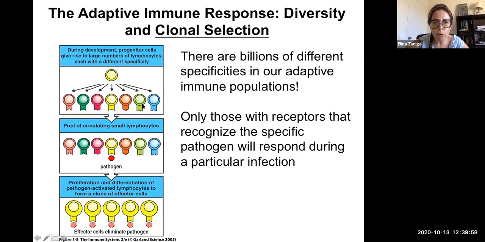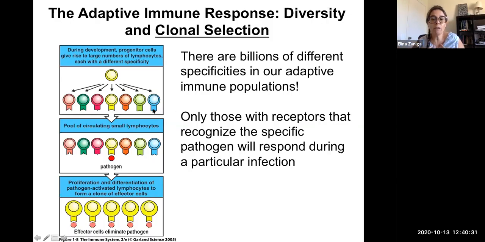And for each of the adaptive immune cells, for B cells and for T cells, you will have this scenario in which you will have a large number of lymphocytes that encode for a different receptor for the pathogen on their surface. So these receptors are similar, but they recognize different sequences in the pathogen, and it's an unlimited number of specificities.